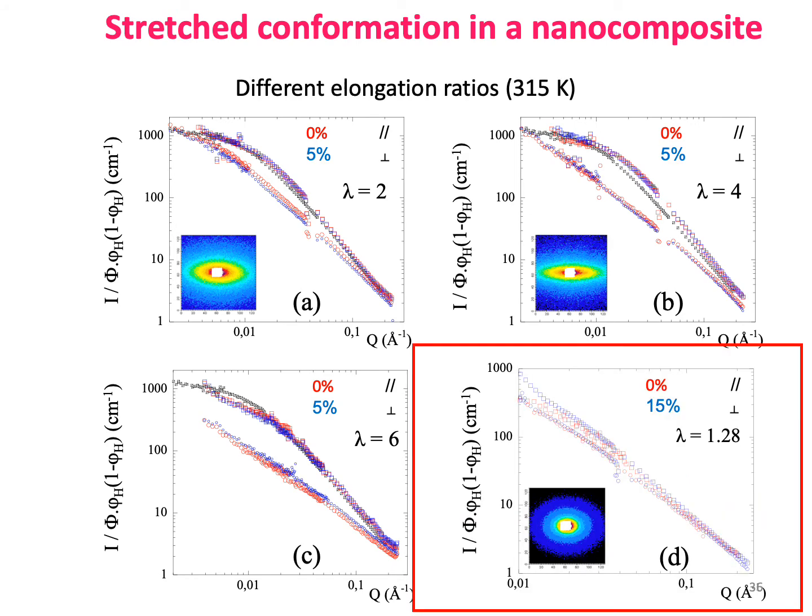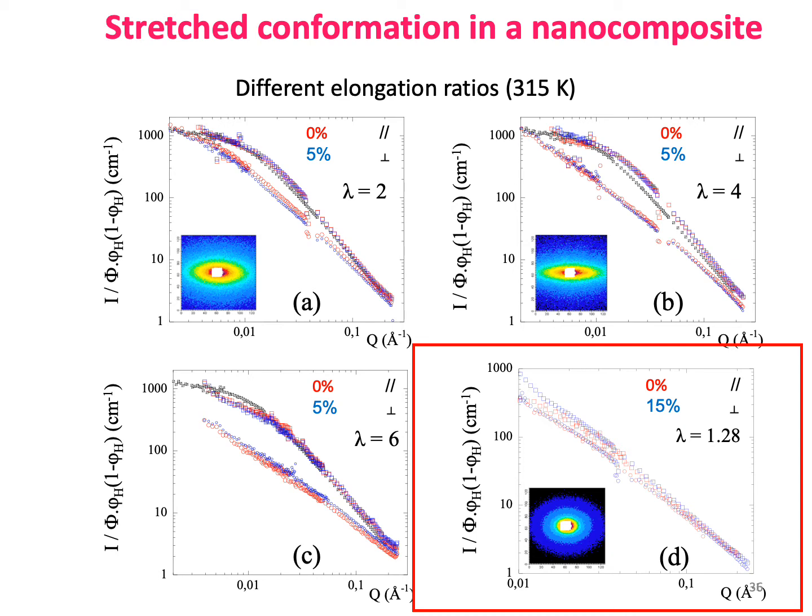We can also look at a larger volume fraction, this time 15% in volume of silica. And in this case, the film is very rigid, so it's difficult to stretch at large lambda without breaking the sample. So we stretch only at lambda equal 1.28.